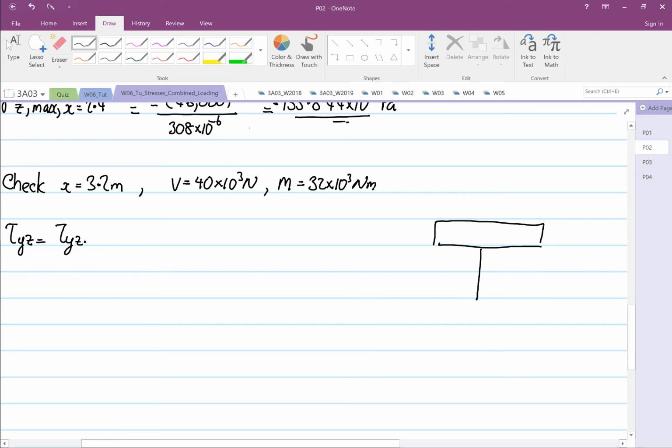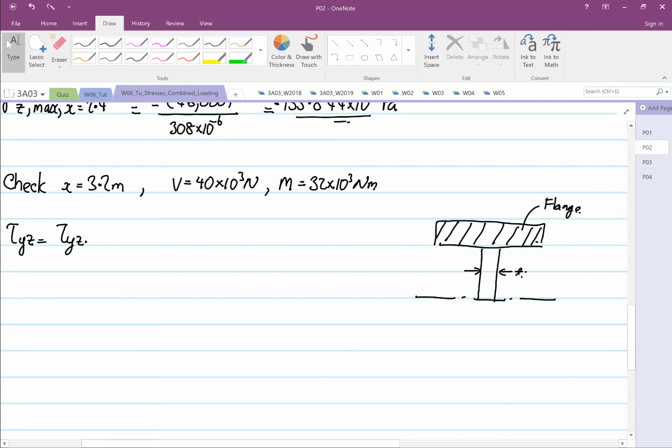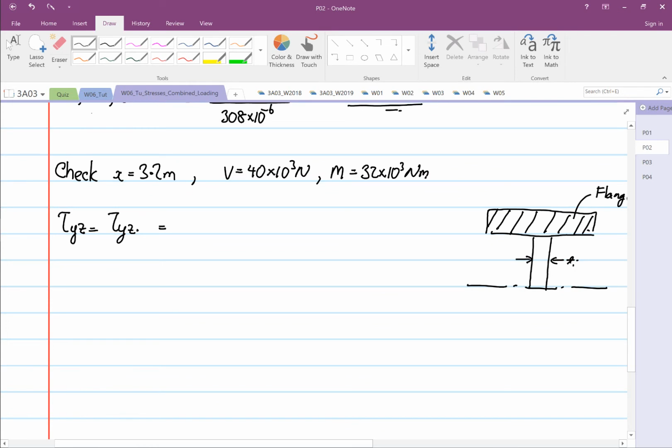We are interested in the flange region, but for the thickness we're going to use the thickness over here. We just need to find this area over here. So this is equal to V in the Y direction times Q XX, divided by I XX times thickness.